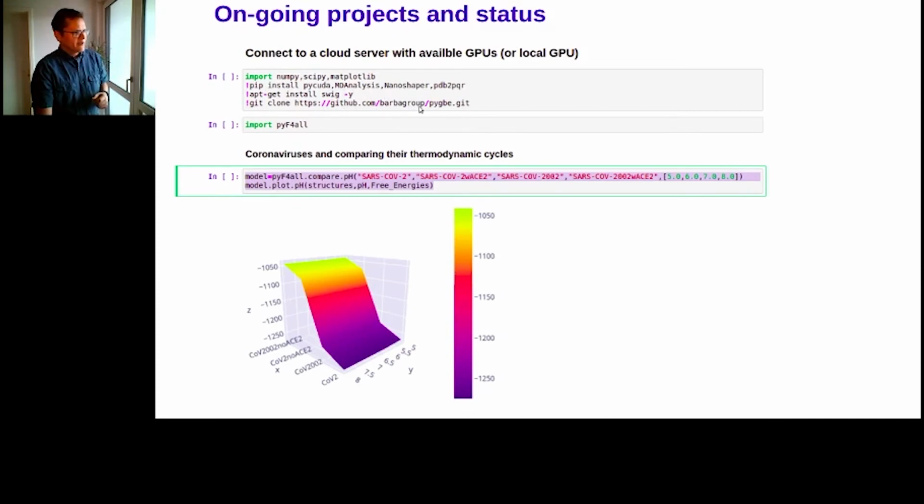Then we install PICB, and then we import the Pi4All library, and by just two command lines, Pi4All compare pHs, we can say, okay, we would like to compare the SARS-CoV-2 with the SARS-CoV-2 without the human enzyme, and then compare also the free energy values with the older SARS-CoV coronavirus from 2002.